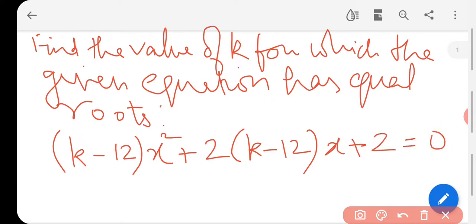This is the question, and this type of question comes in 3 to 4 marks.